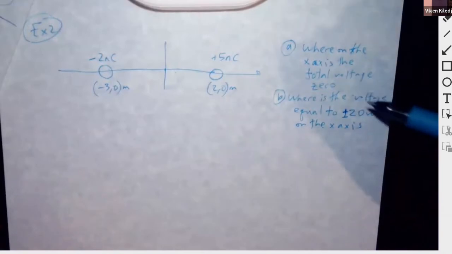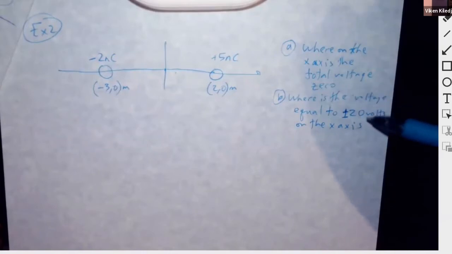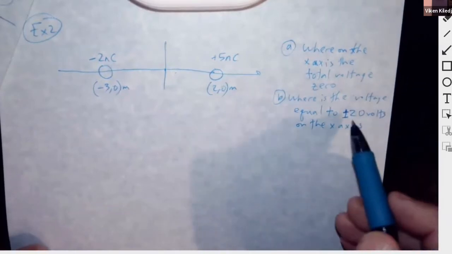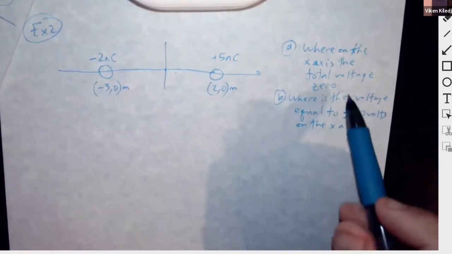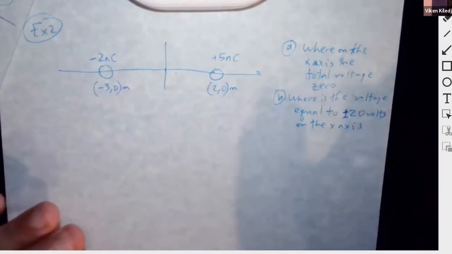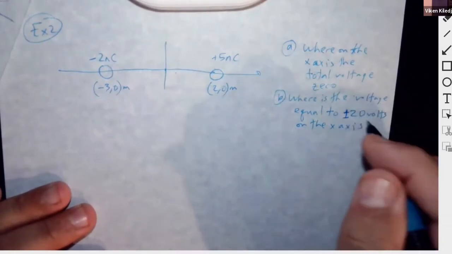So just similar to what we did with electric field, where we said, where's the electric field equal to a certain number? So where's the voltage equal to, we could say, either plus 20 volts or minus 20 volts on the x-axis. Where on the x-axis is the voltage 0. And then what else did we ask?